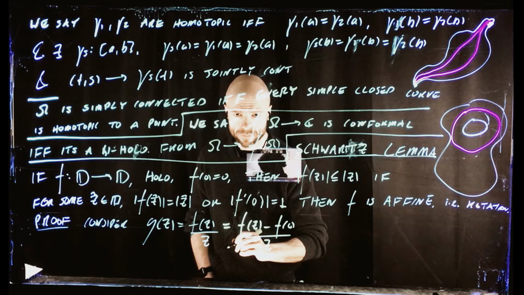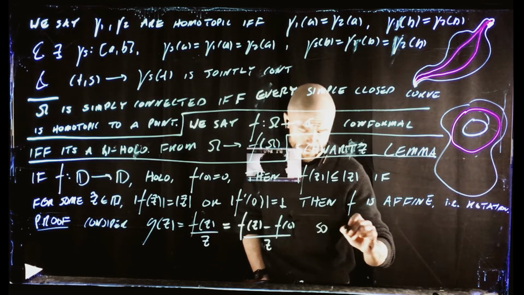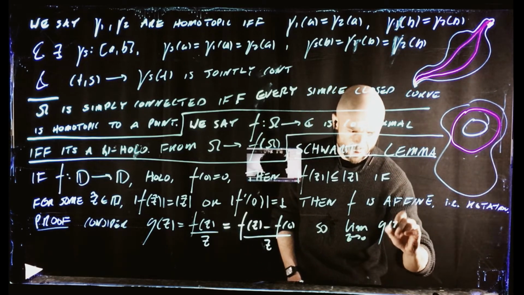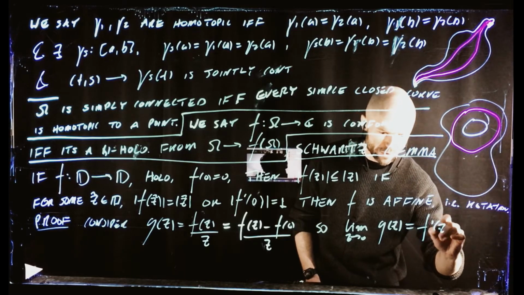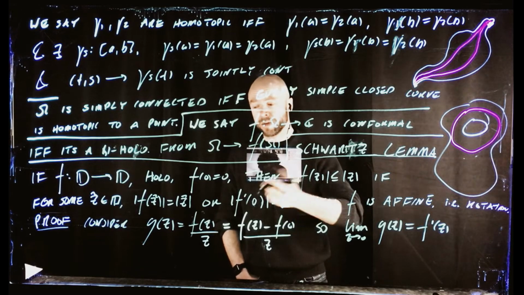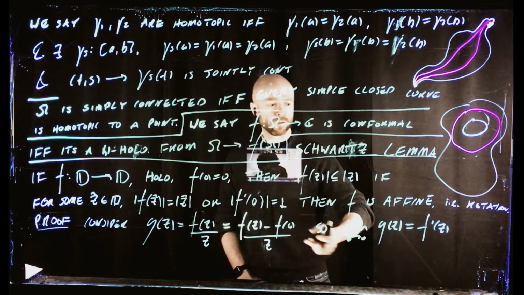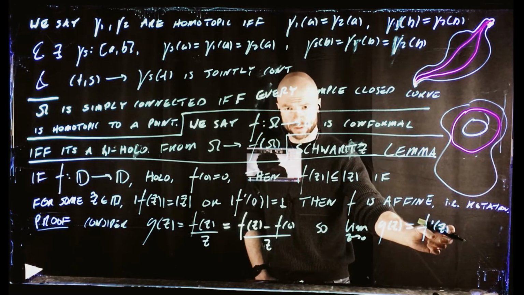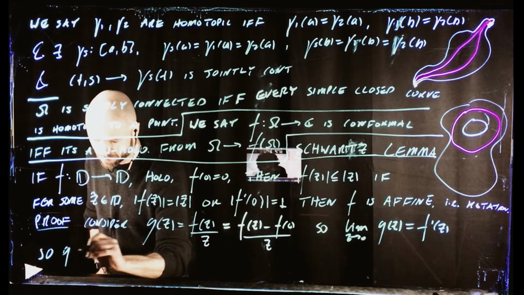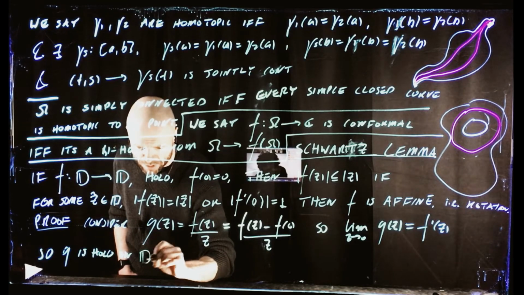And we know that f is holomorphic. So the limit as z goes to 0 of g of z is nothing other than f prime of 0. That means this function g actually has a removable singularity, and we can remove it by just sticking in the value f prime of 0. So g is actually holomorphic on the entire disk.